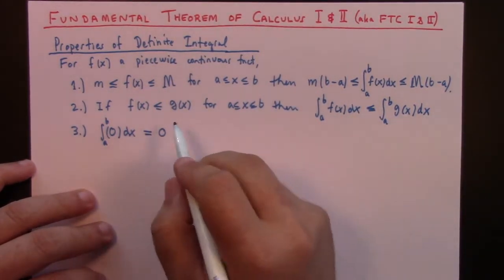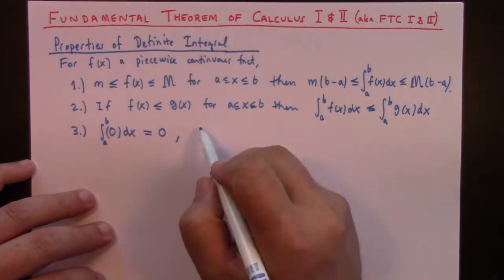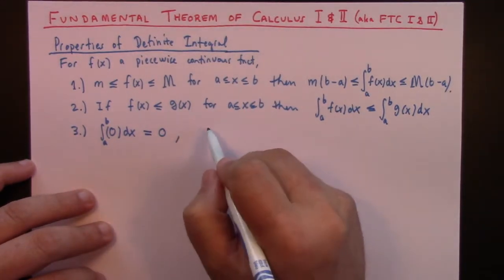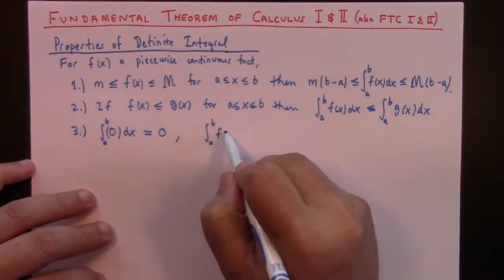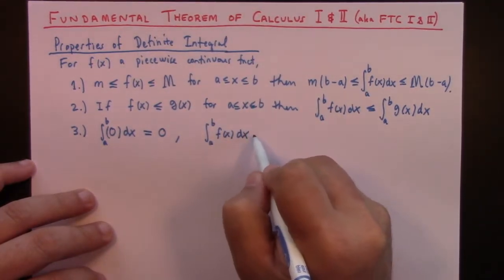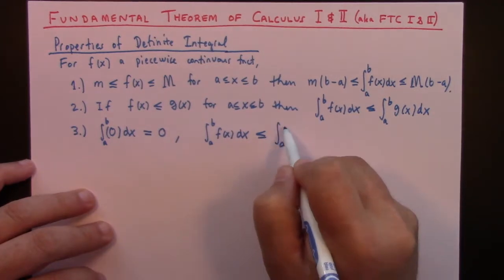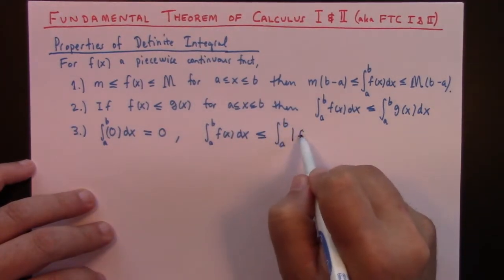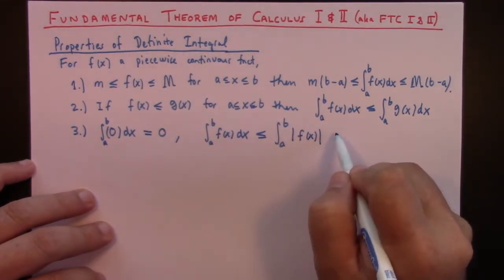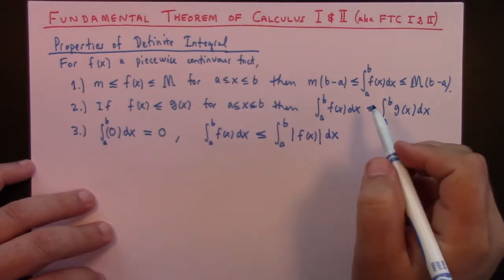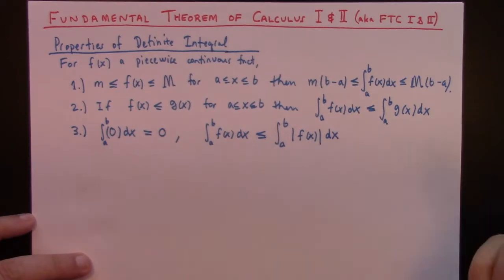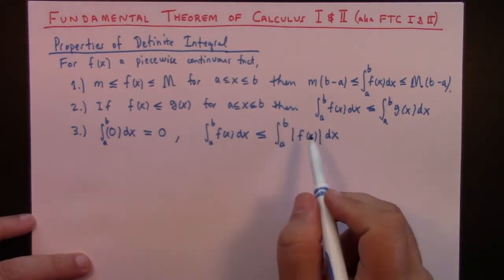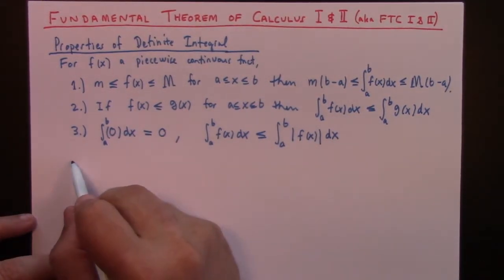But we could say this, the integral from a to b of f of x dx is less than or equal to the integral from a to b of the absolute value of f of x dx, right? So if I replace the function with its absolute value, then whatever was counting negative signed area becomes positive, and clearly this is a larger thing.